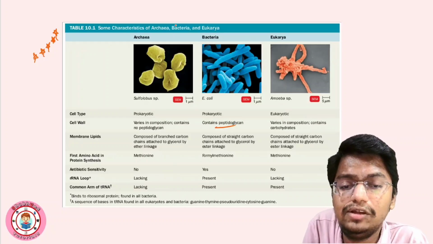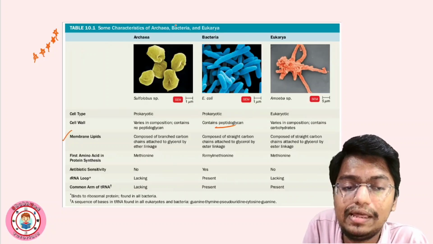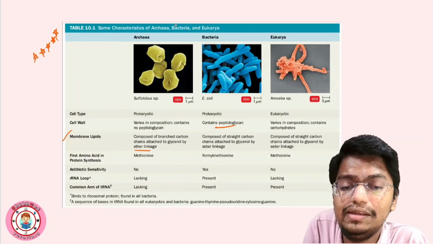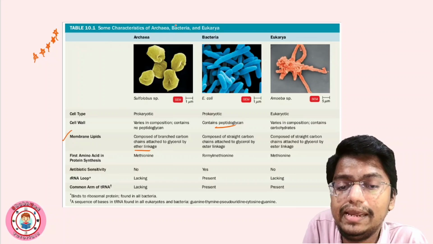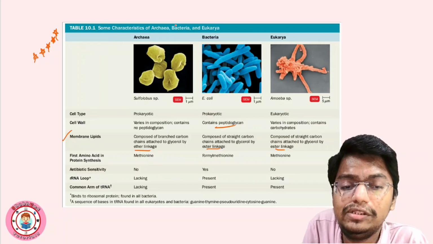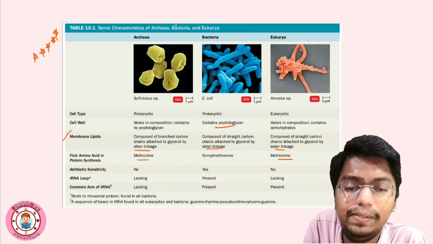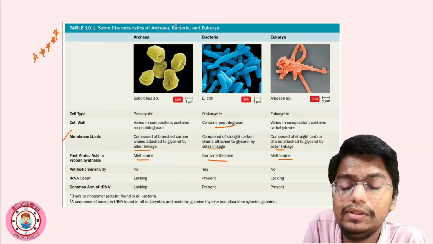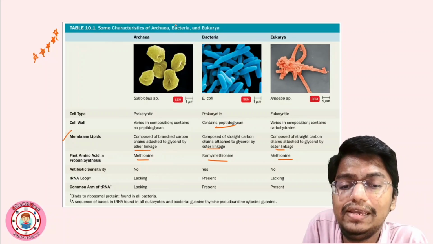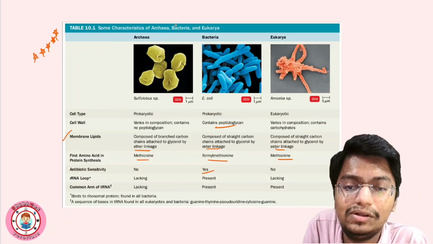And the next point, membrane lipids, is also very important. Here there is ether linkage in archaea, in bacteria it is ester linkage, as well as in eukarya ester linkage. Got it? Then here it is methionine in archaea and eukarya, bacteria have formyl methionine. We have seen this in molecular biology. Antibiotic sensitivity is found in bacteria, not in archaea and eukarya.